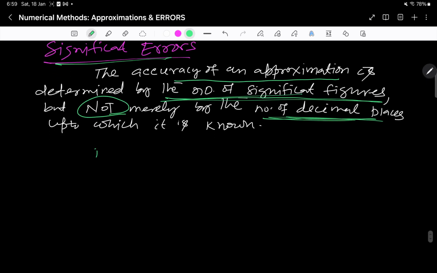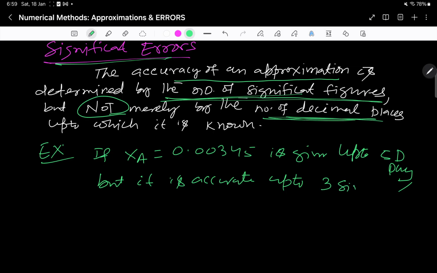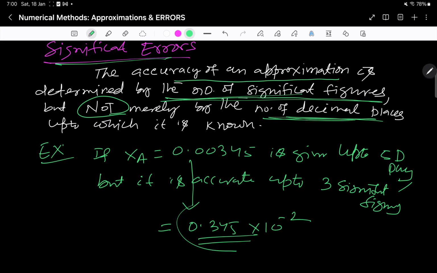For example, if x is approximated to 0.00345, it is given up to 5 decimal places, but it is accurate up to 3 significant figures. We write it as 0.345 into 10 to the power minus 2. So this is accurate up to this, not up to this 5.